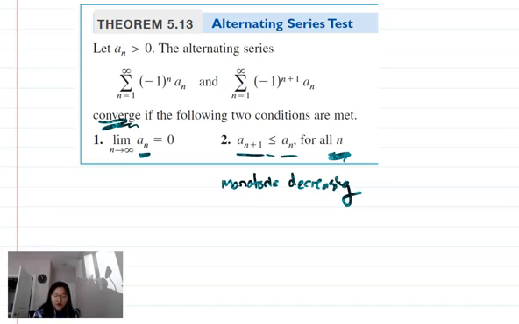So if we know that we have an alternating series, for generality's sake let's just look at this one.